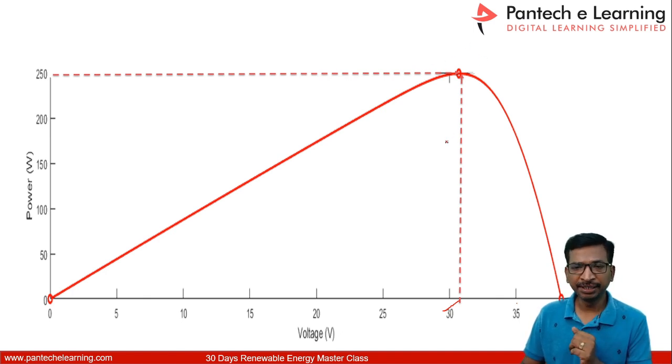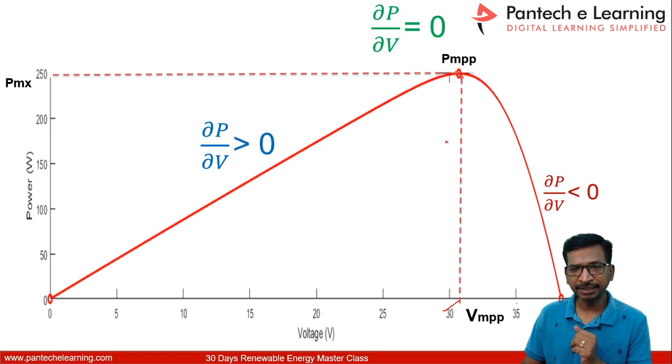For that, we can take two different points. One is the rate of change of power with respect to the rate of change of voltage greater than 0, right? This is the one slope, let us take it as a positive slope. Similarly, the rate of change of power with respect to the rate of change of voltage less than 0 is called a negative slope, and the maximum power we can take as a 0 value.